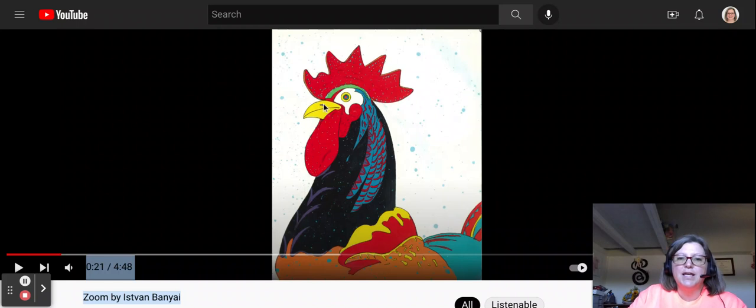It has a yellow beak. It has black, orange, blue, red, and yellow on the body. Behind it, there is something white with blue speckles. Those are all details and factual information about this picture.